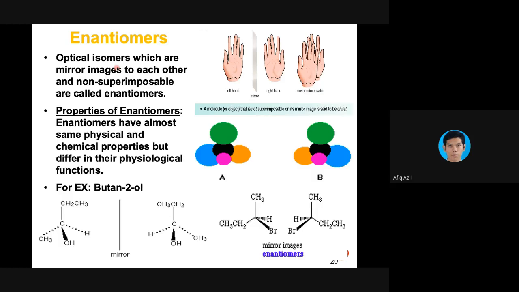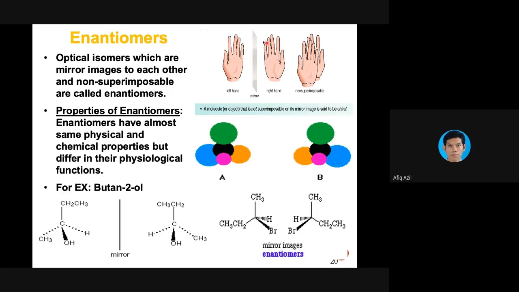If it rotates to the right, that will be dextrorotatory. So L and D. These two optical isomers will be mirror images of each other, and they must be non-superimposable. That means they cannot overlap.